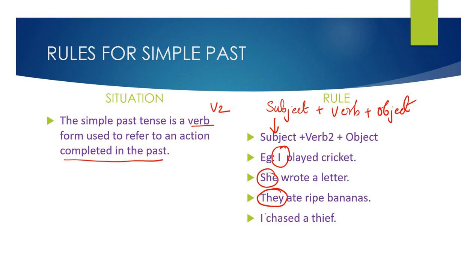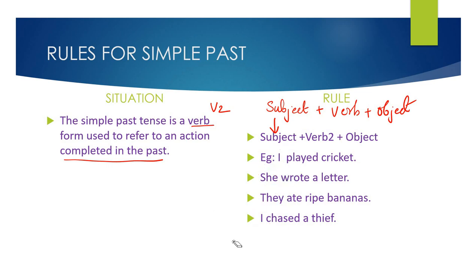I chased a thief. The sentence here is about whom? I. So at first glance itself we learned what the subject is. The subject is the most important part of a sentence. It tells what the sentence is about, whether it is about a person, a place, or a thing.